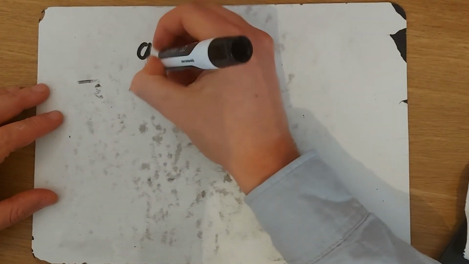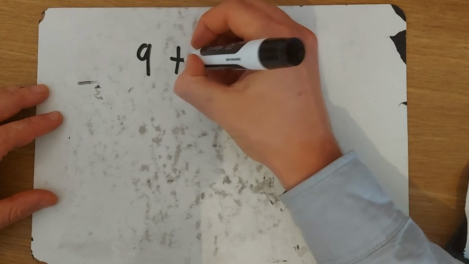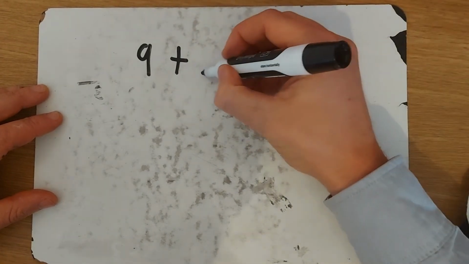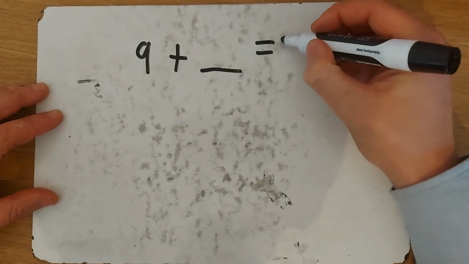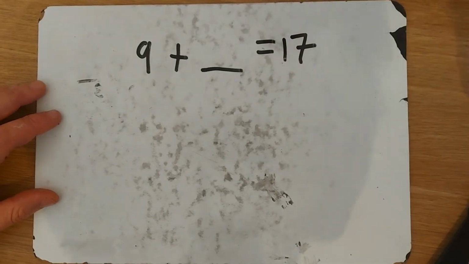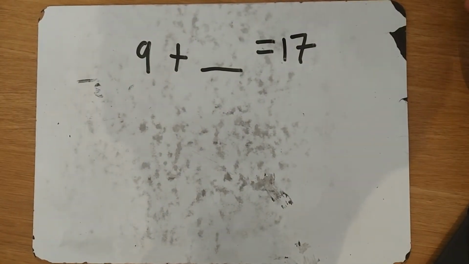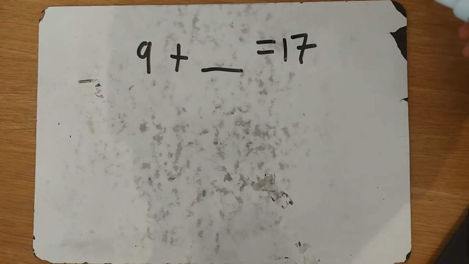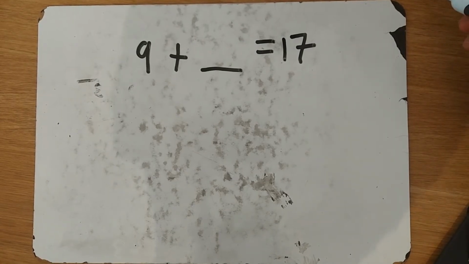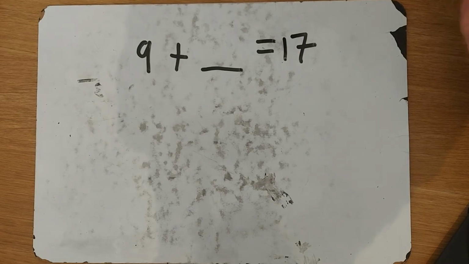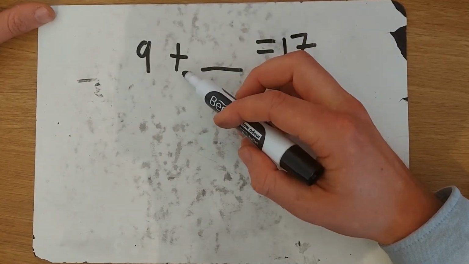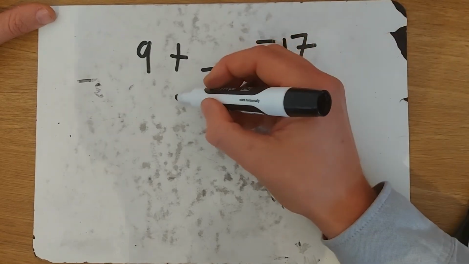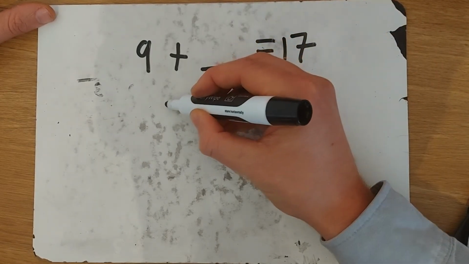Right, let's do this one. 9 plus something, this is our unknown, equals 17. So first step, remember, is we need to know our inverse operations, and then we need to know which one to do. Now, if it's adding, you should know that the inverse you need to do is take away.